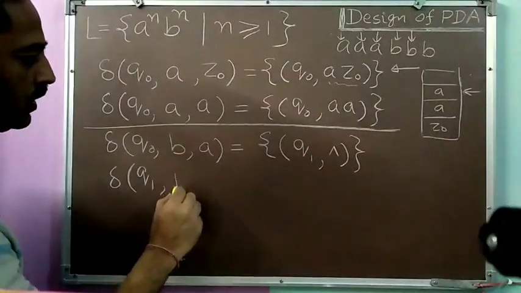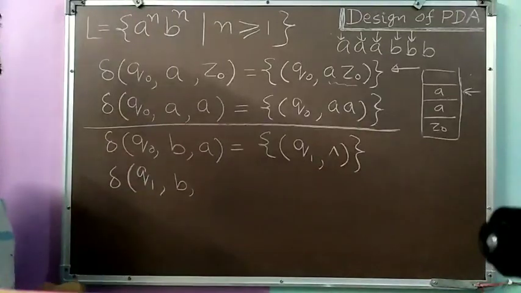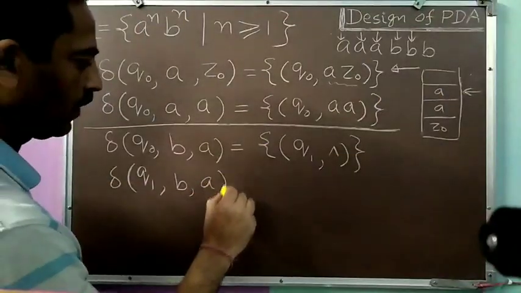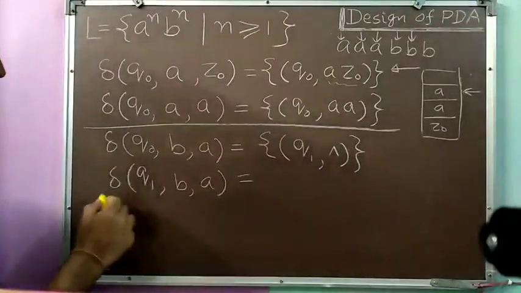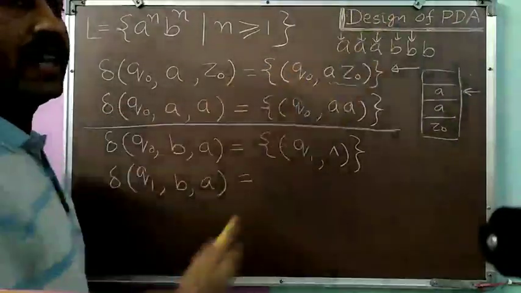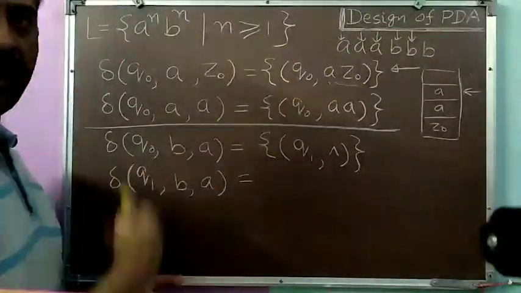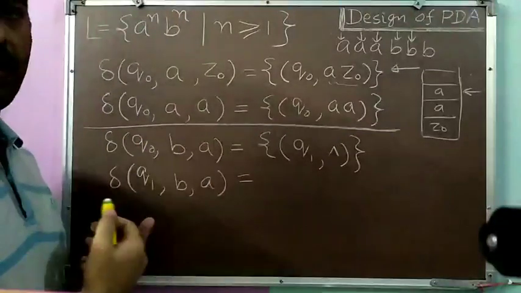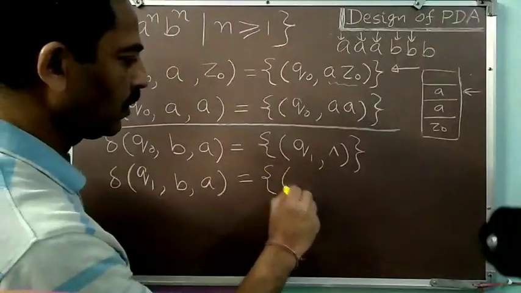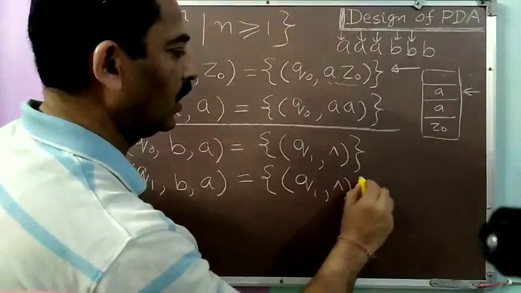So Q1, in the input I will be getting a B. On the top of the pushdown store, what do I have? I have an A. So this is the situation delta Q1 B A. What should I do in this situation? Because I am getting a B in my input, I should pop the corresponding A from the pushdown store. So again I have to perform the pop operation. So I will write here Q1 null again.